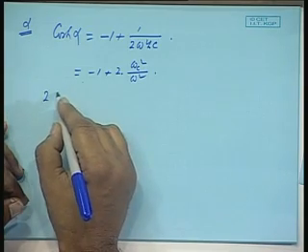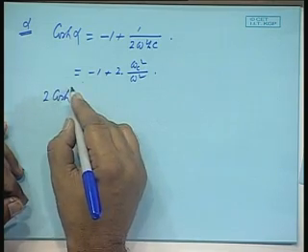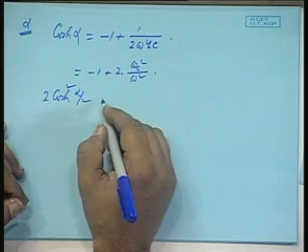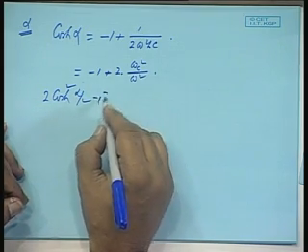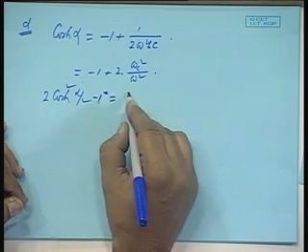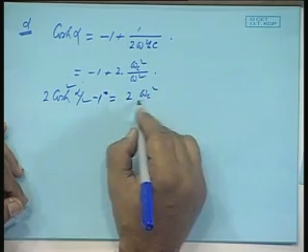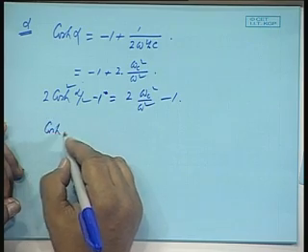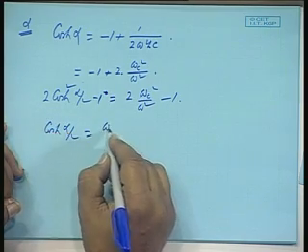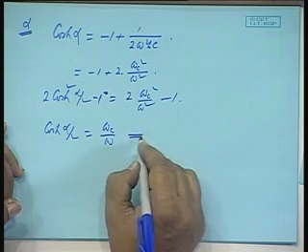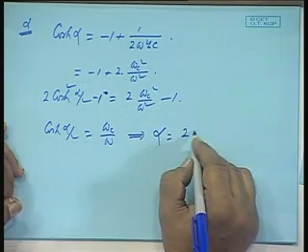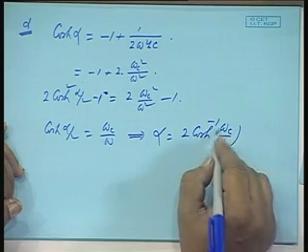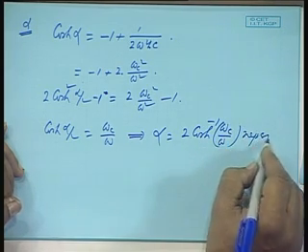So, this is nothing but twice cos squared alpha by 2 minus 1, that is equal to twice omega c square by omega square minus 1, or cos alpha by 2 is omega c by omega, whence we get alpha equal to twice cos inverse omega c by omega, so many Nepers.